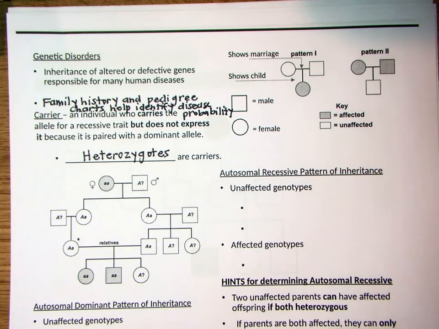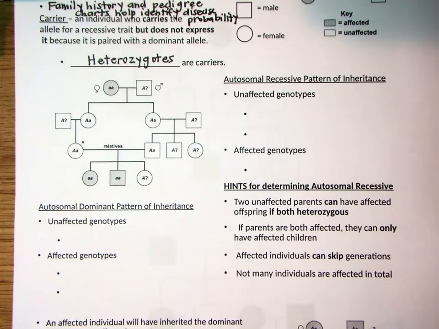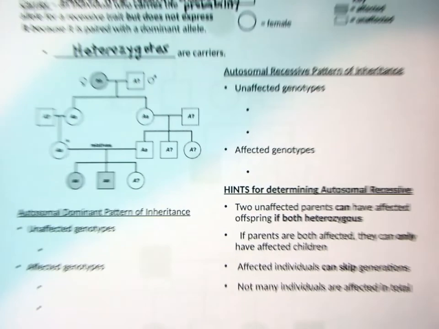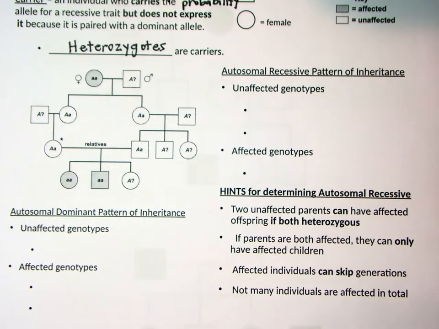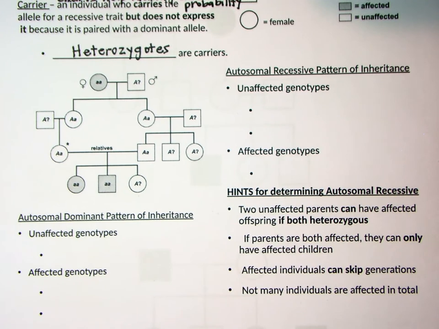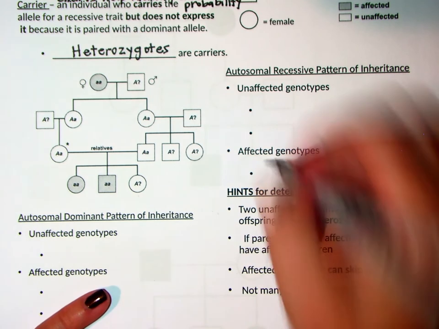Okay, autosomal recessive patterns of inheritance. There are autosomal recessive disorders and there are autosomal dominant disorders. With autosomal recessive genotypes, to be affected, you have to have both of those recessive alleles. So the affected genotypes would be two lowercase letters.